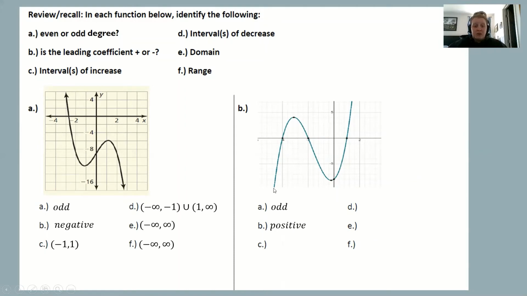It looks like if we were to tell a story about a bird, the bird flies up, down, and then up again. So we have 2 intervals of increase. We have from the very beginning on the left, which is -infinity, and it's going to continue flying until right about -2.5.